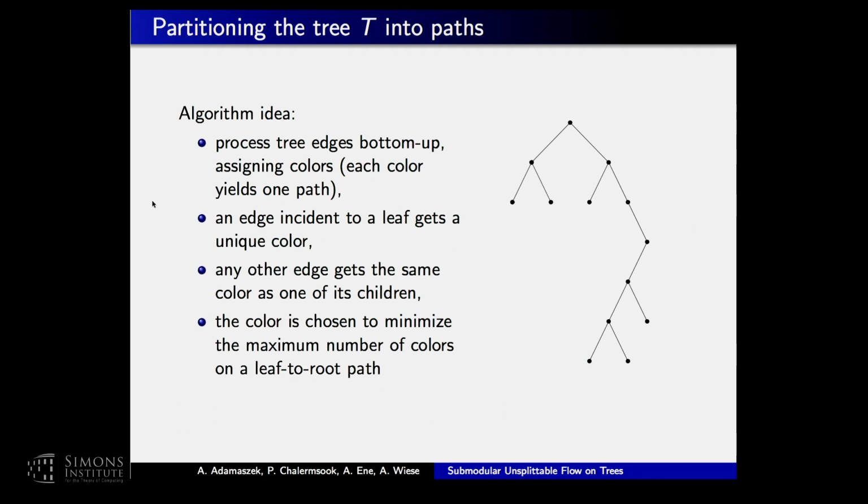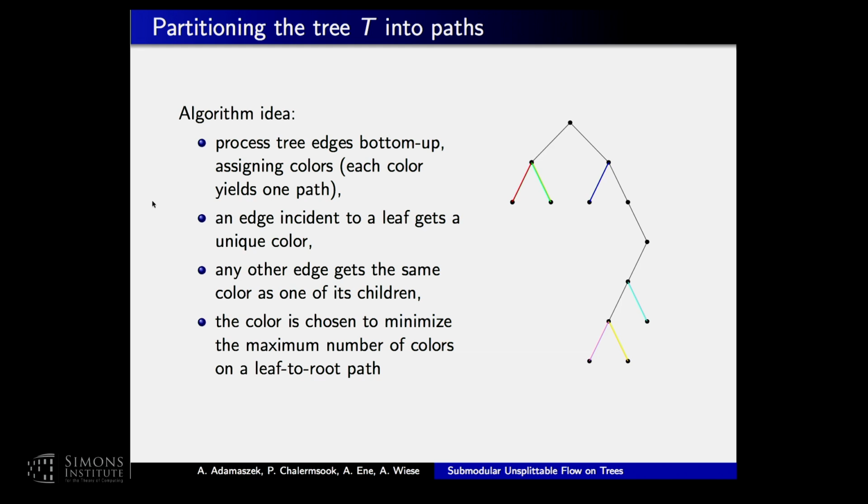And the way we do it is as follows. We start with the edges going down to the leaves, and then we assign each of them a unique color. That is, we start a unique path there. And then we proceed bottom up. When we process an edge such that all the children have been colored, we just assign such a color that will minimize the number of colors from the top vertex of the edge to all the leaves.